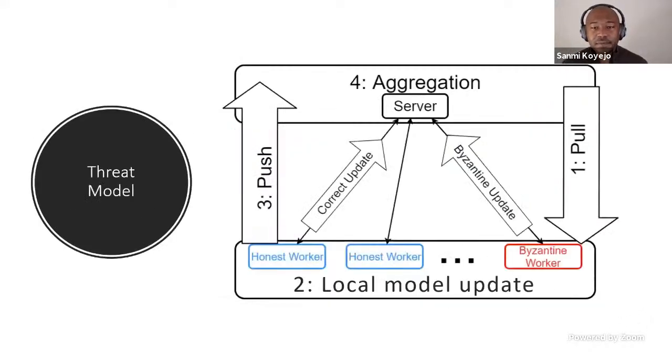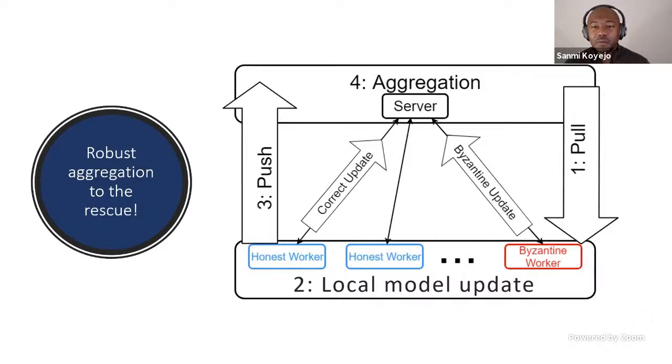The threat model in this setting is what is known as a parameter server setup. There's a server and a bunch of workers. The workers are computing with the data that they have locally available without explicitly sharing it. Each round, the server sends out some model artifact to all the workers. The workers compute something, typically a gradient update, or several gradient updates in a federated learning setup, and then push back the results to the server. The server typically aggregates using averaging and then pushes this back to the workers.